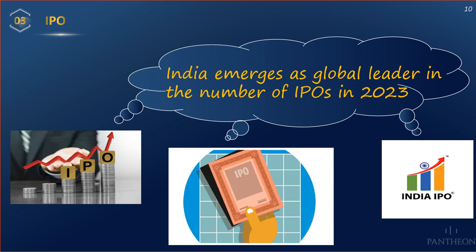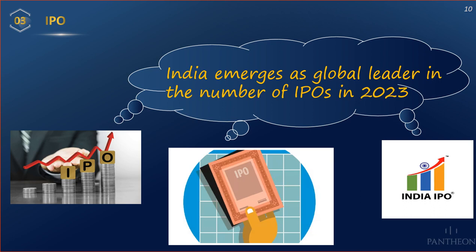Despite global uncertainty and a downturn in the market due to the Israel and Hamas conflict, the financing frenzy in 2023 was exceptionally hot. So in 2023, Indian companies collectively carried out nearly 240 public offerings.